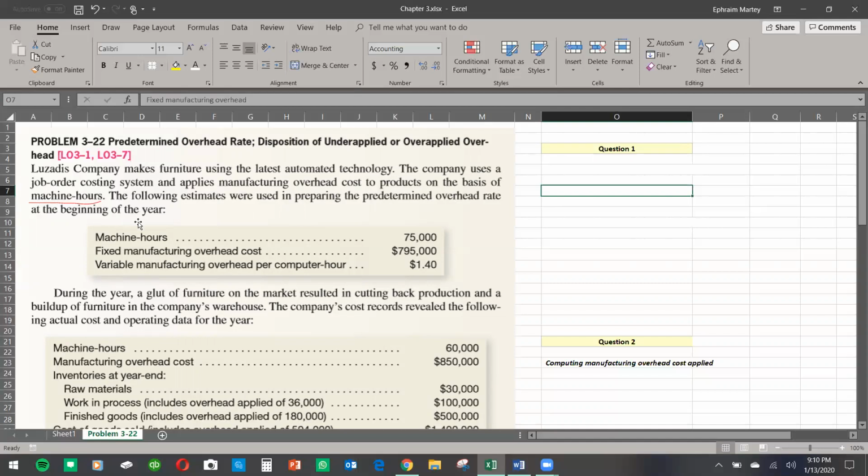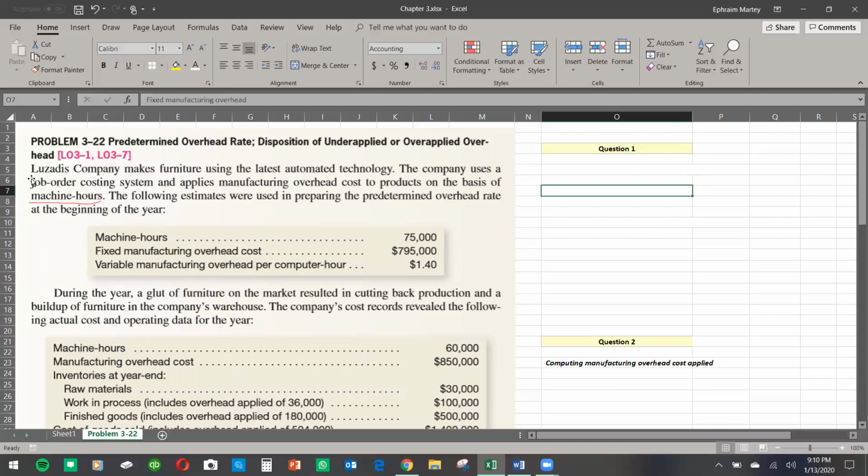Okay, companies may use different cost drivers to compute manufacturing overhead. This one uses machine hours. Some companies may use different cost drivers, and we will talk about it in my next video for a company having different departments and using different cost drivers.